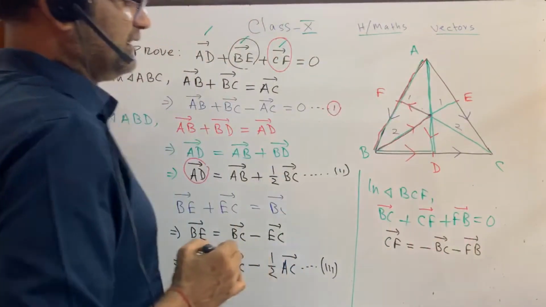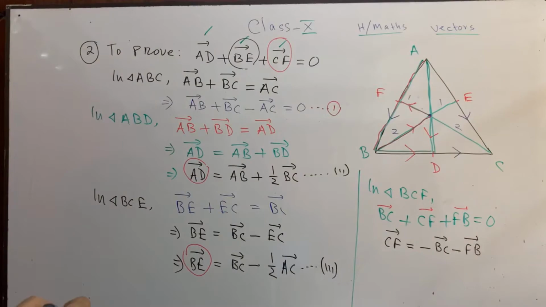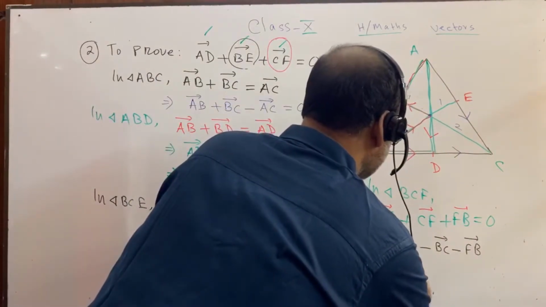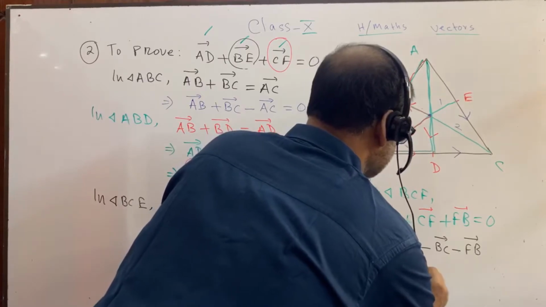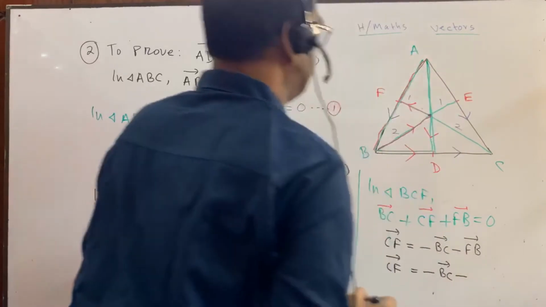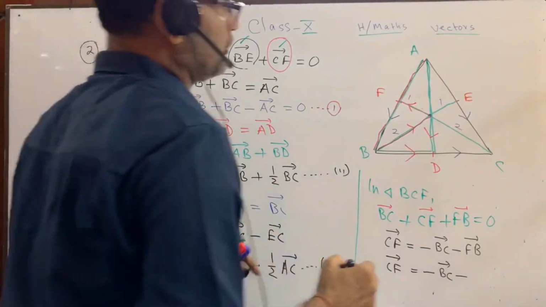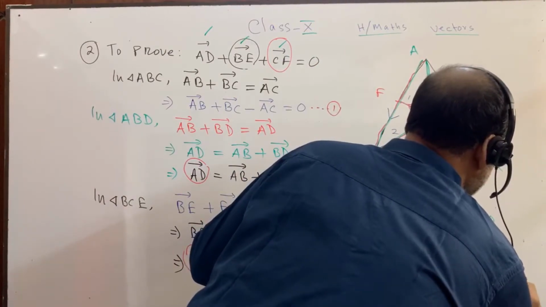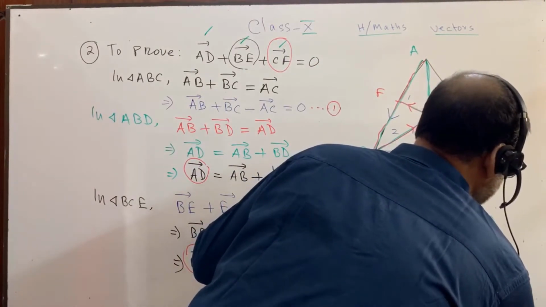Very good. What is FB? FB equals to half of AB. So we can write here half of AB, and it is equation 4.